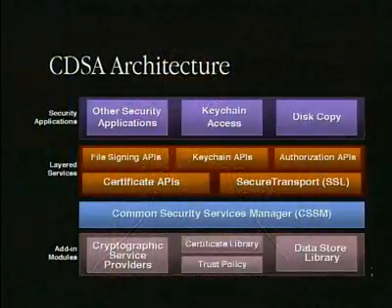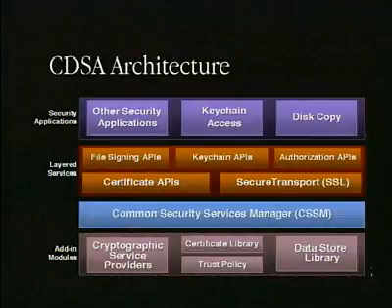So here's the big block diagram of CDSA. The CDSA APIs themselves are that blue bar down at the bottom labeled CSSM. Those are the actual CDSA APIs. Having that go across the screen indicates one of the main goals of CDSA, which is to isolate the applications up above, the applications that you see at the top in blue, so they don't have to know about all the details of the crypto and other things down below.